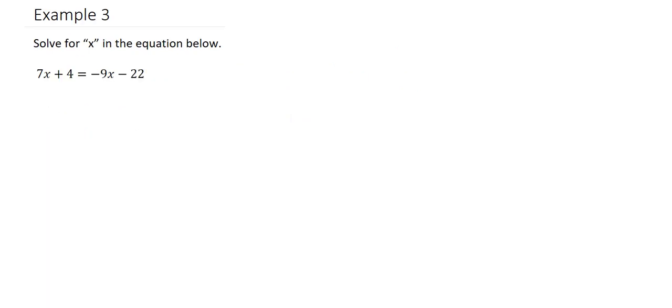Example 3, we're going to solve for x in the equation below. On the first example, we would have added this plus 9x to both sides so our x's are positive.